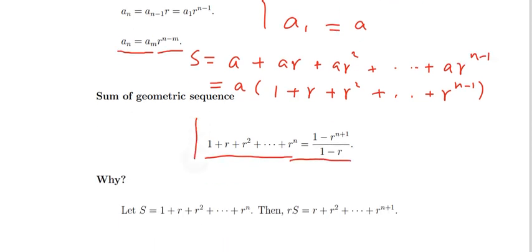This is an important formula, so maybe we should remember it: 1 plus R plus R squared, up to R to the n, equals (1 minus R^(n+1)) over (1 minus R).